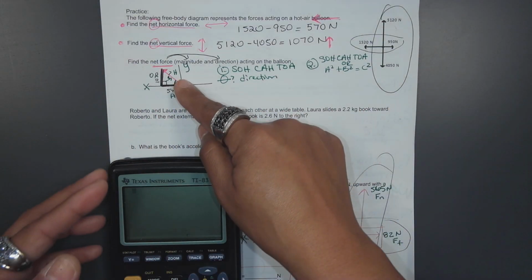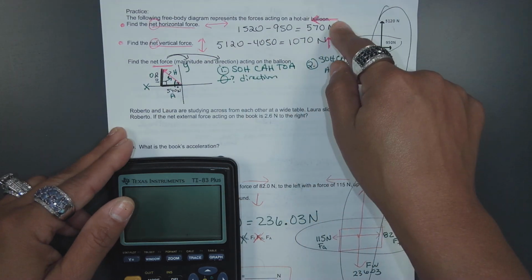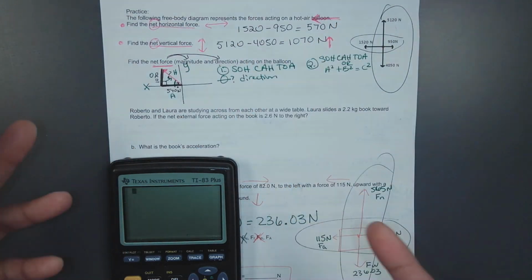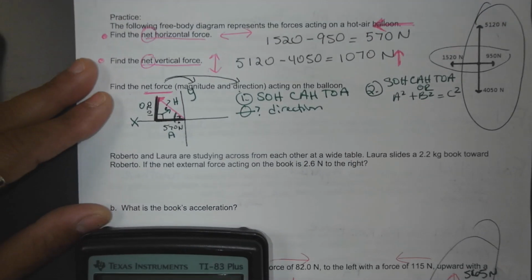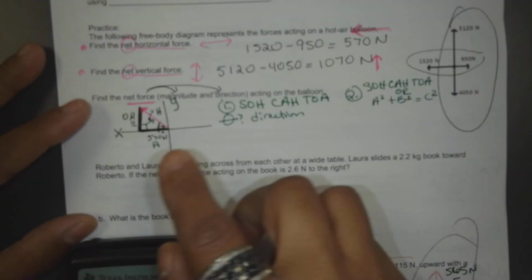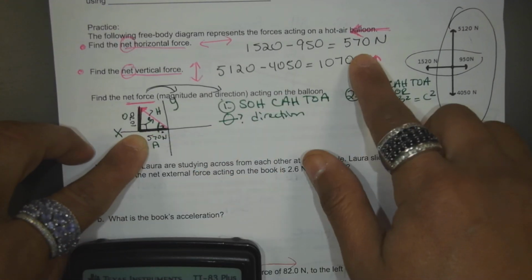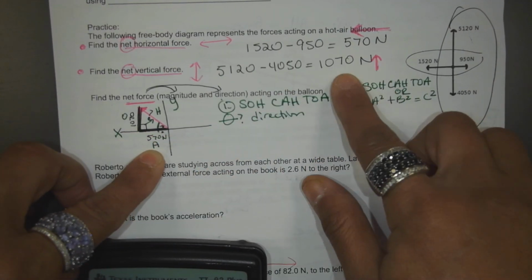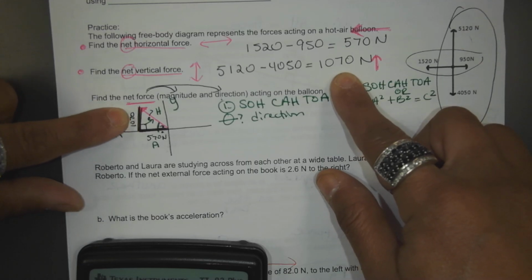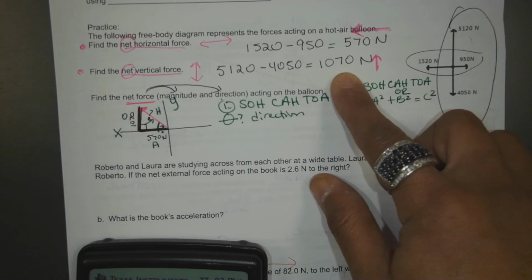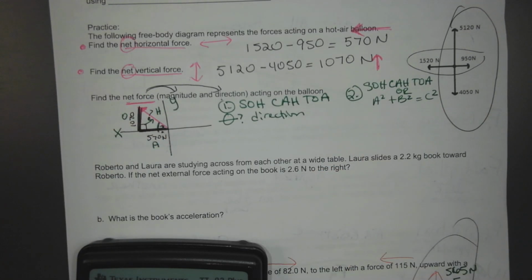It's going to go towards the north and west in that direction. But knowing this information that we found over here, we know that the horizontal is 570. We wrote it. We know the vertical is going to be 1070. That's pretty cool that we can still make this into a triangle.